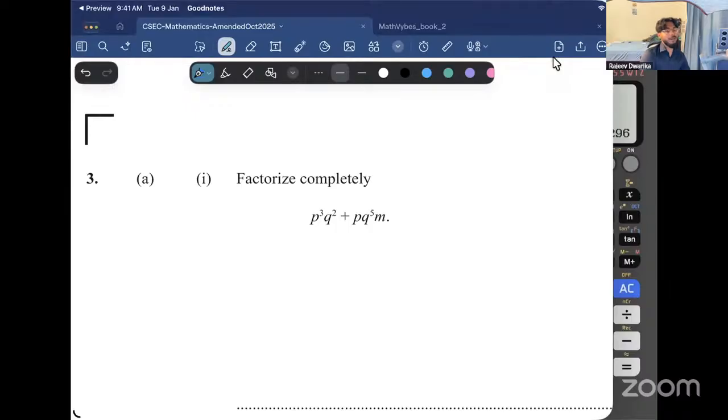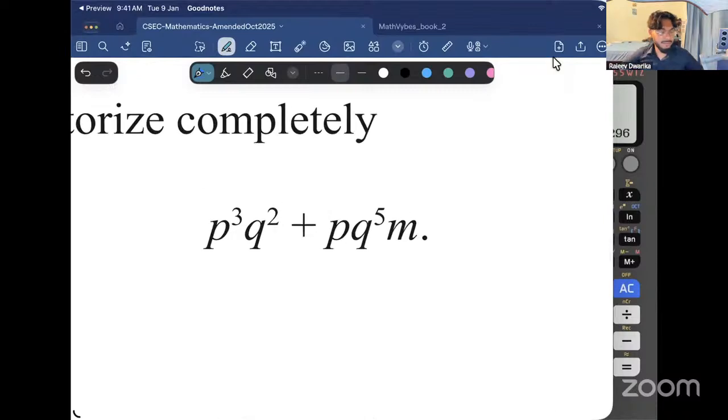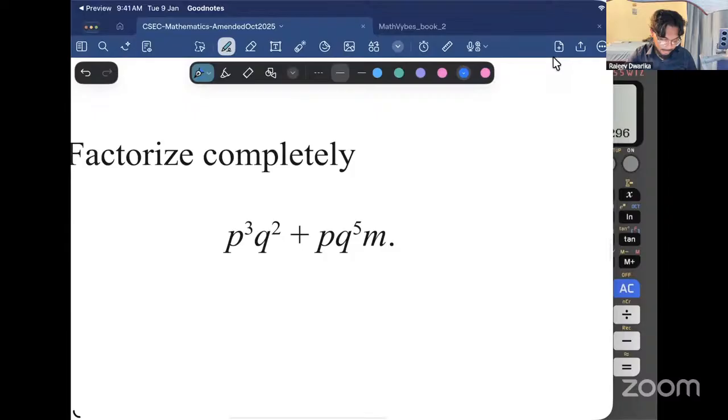So, read part 3 for me. Factorize completely. p cubed q squared plus p q cubed. That's our 5 p q to the power 5. Right. So, do you know how to tackle a question like this? I think so.